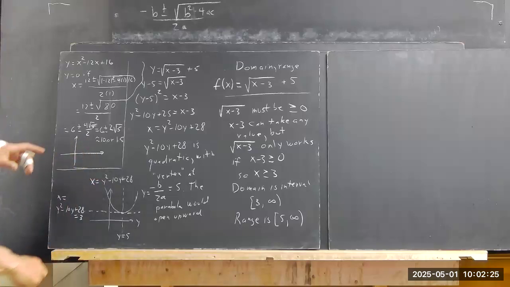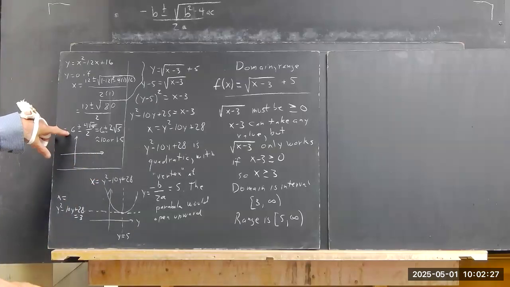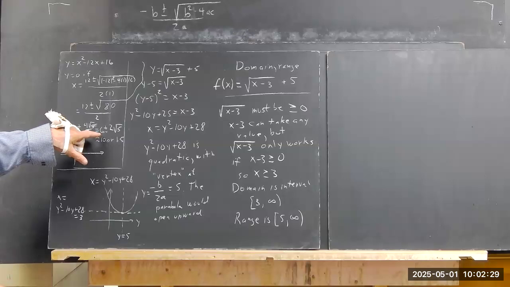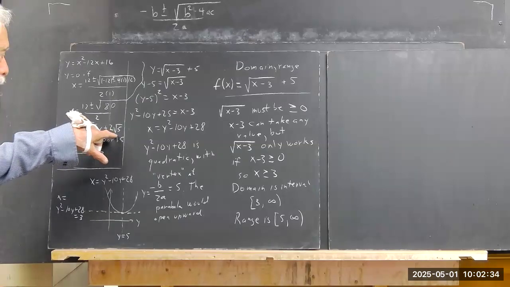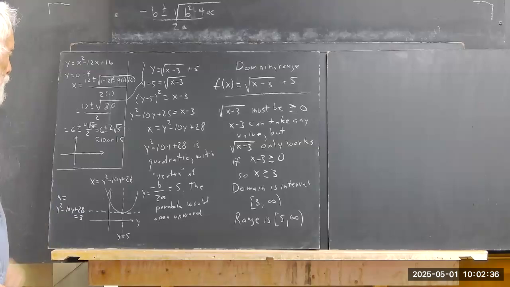well, the vertex occurs at 6 because 6 is halfway between 6 plus 2 square root of 5 and 6 minus 2 square root of 5. Now I've got a little bit of a bad approximation here.